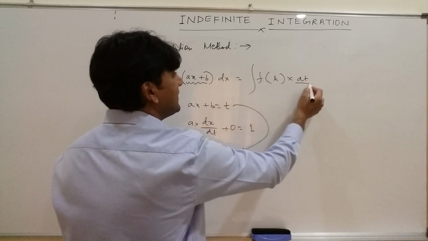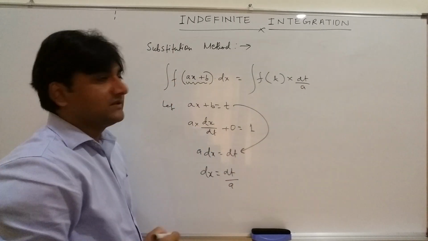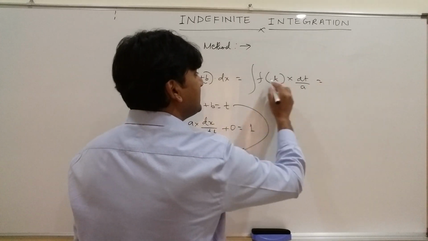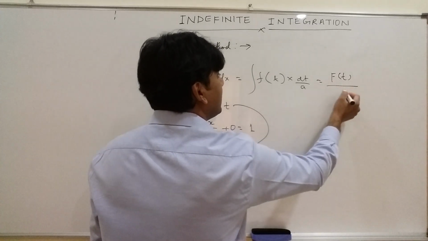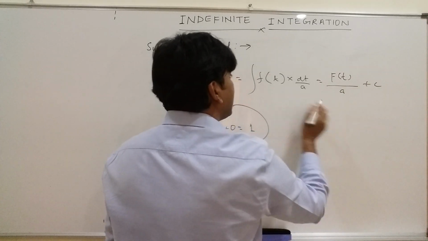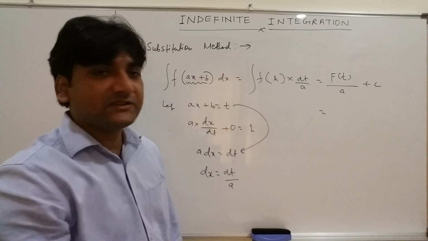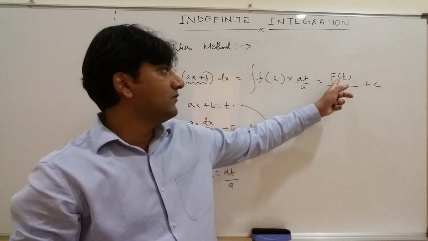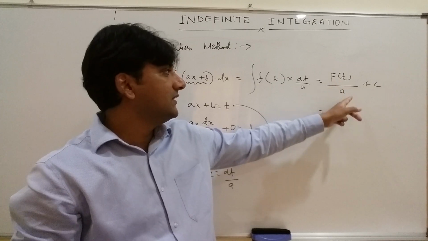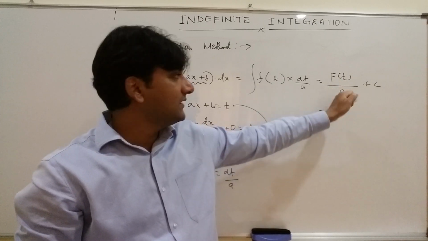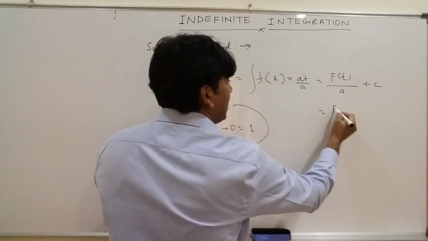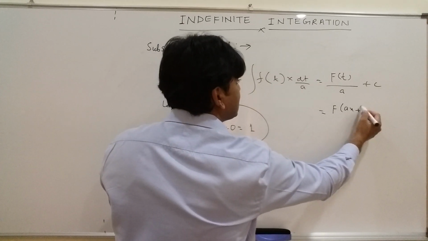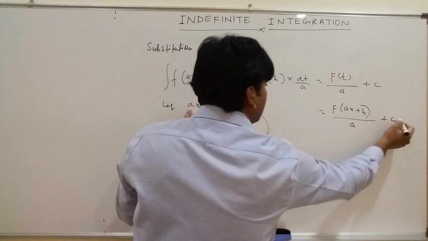The function will be integrated and you will get capital F of t over a plus c, and this t you have to replace by ax plus b. So now you will have capital F of ax plus b over a plus c.